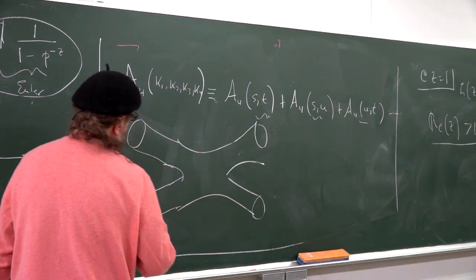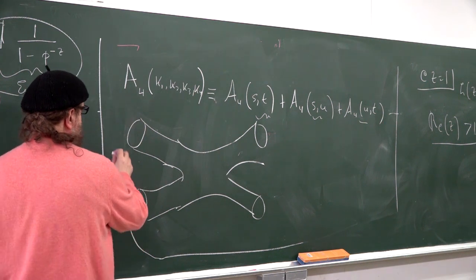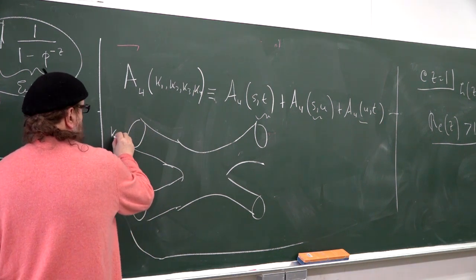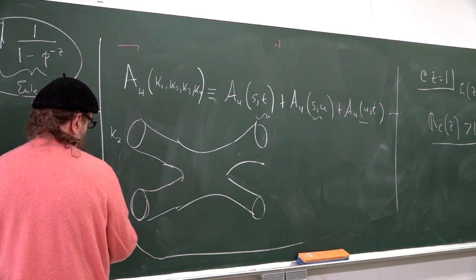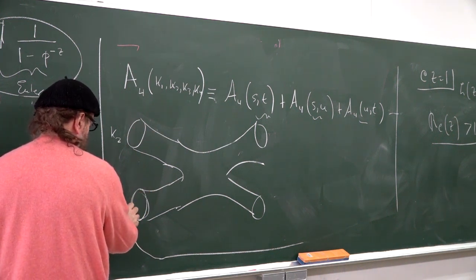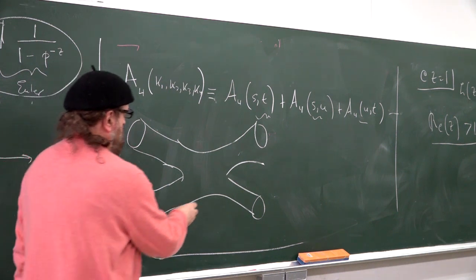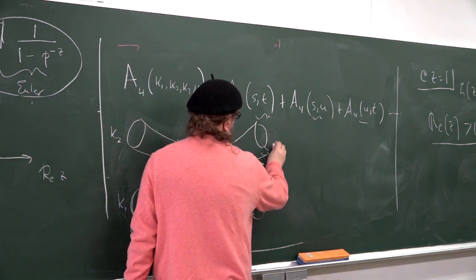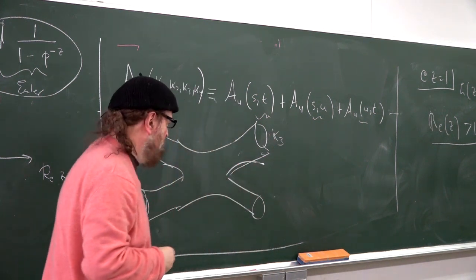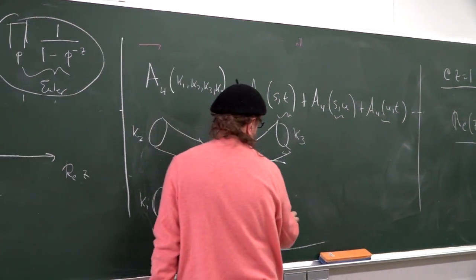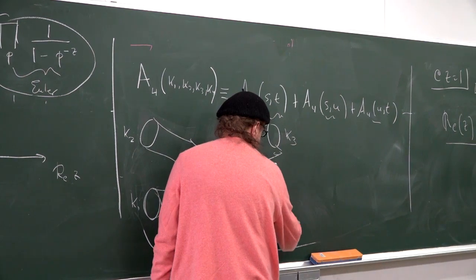You have a string number 1 whose center of mass carries energy momentum K1, a string number 2 carrying K2, a string number 3 carrying K3, and a string number 4 carrying K4.